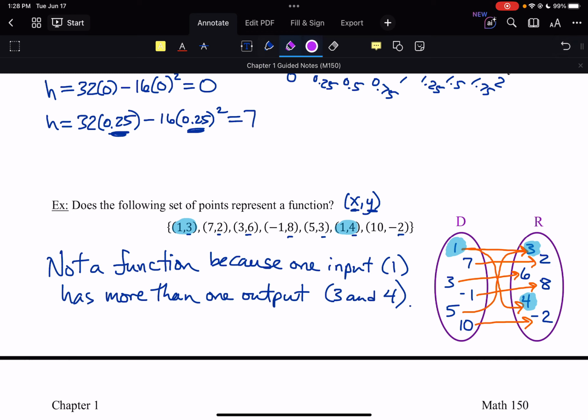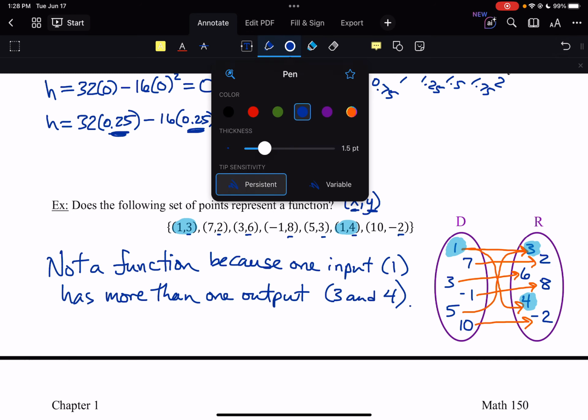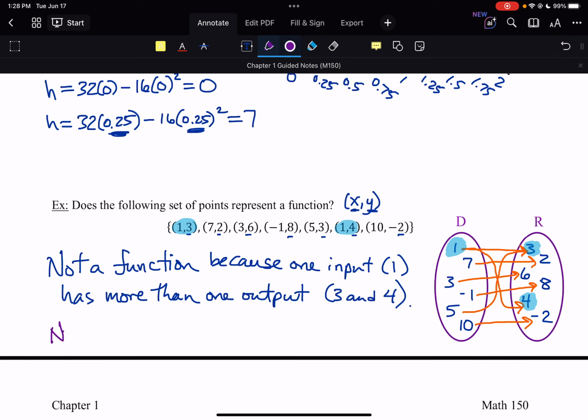So just as a side note down here, note two different inputs can have the same output.